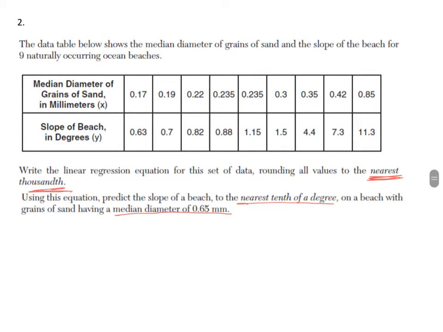So first we'll find the equation, and then we'll plug in 0.65 for x, and we'll get our value. All right, so let's go. Let's go to the calculator once again, and let's plug in everything.